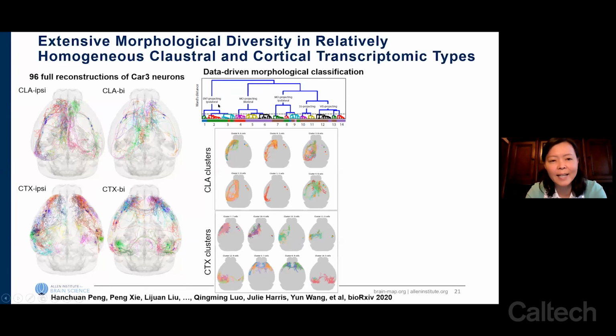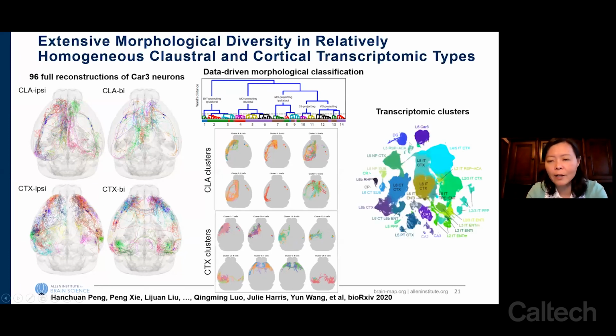the most amazing example is this layer 6 CAR3 subclass of neurons, which is shared between the layer 6 cells from lateral cortex and the claustrum. This is a highly homogeneous transcriptomic cluster. However, each individual cell belonging to this subclass from either claustrum or cortex exhibits extensive, elaborate intercortical projections that are different.